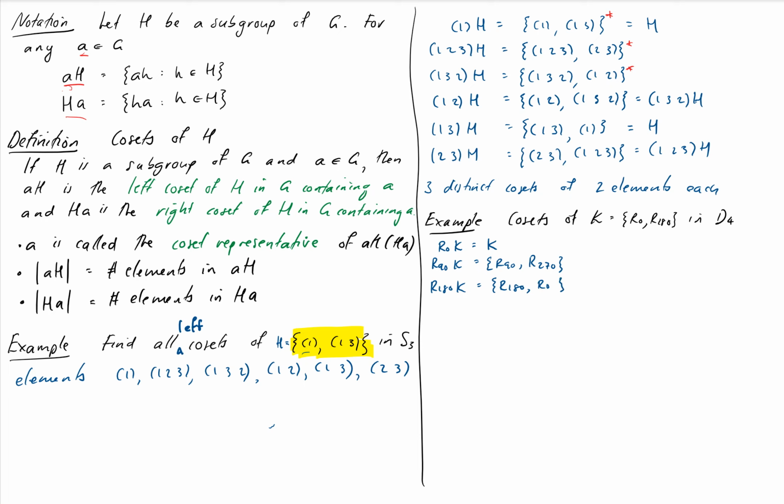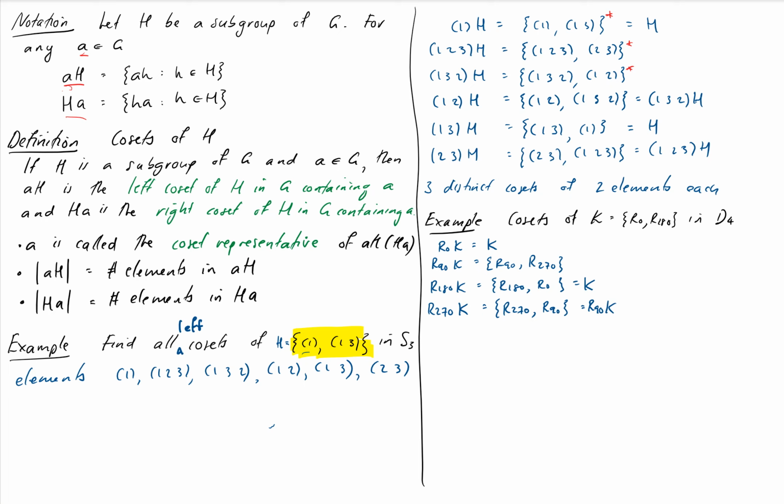So actually, I get my subgroup K back again. If I do R270 times K, I will get R270, and if I multiply it by R180, I will get R90. And there is one we've seen before. That is the same as R90 times K. Maybe you can see where this is going.